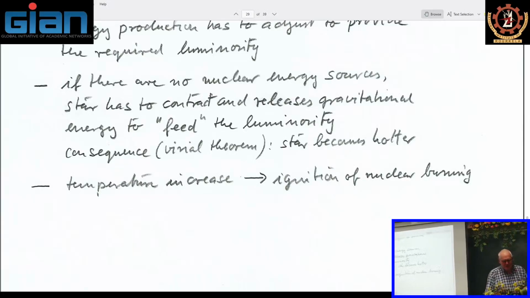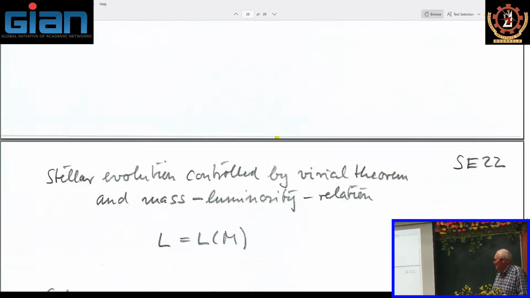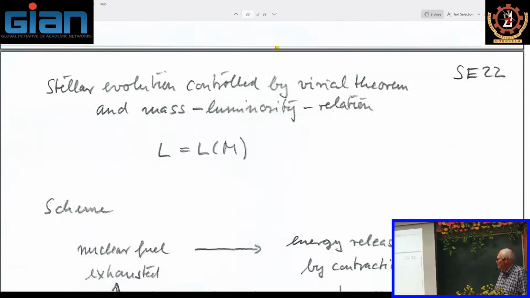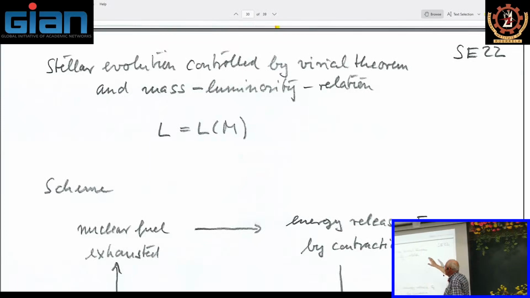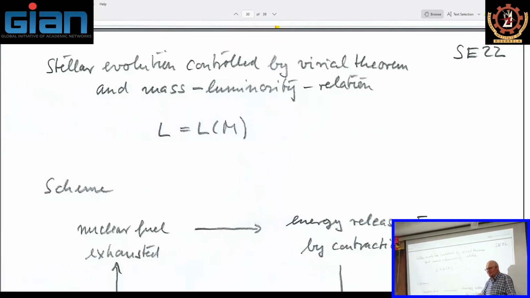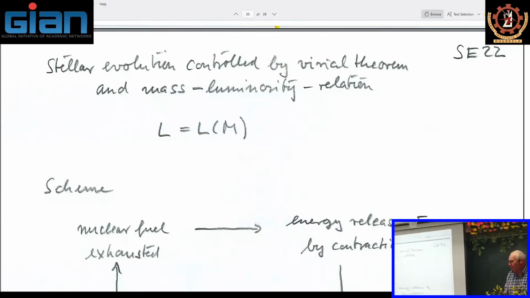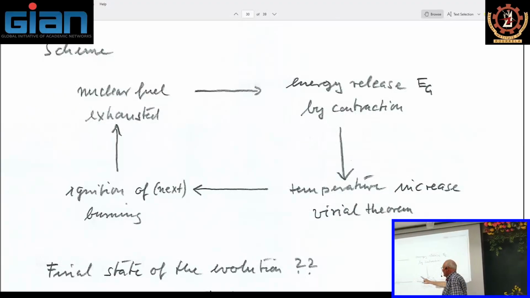Okay. So we have the situation of how stellar evolution will proceed. There are two main ingredients: the virial theorem and the mass-luminosity relation. So stellar evolution, according to what we have seen now, proceeds in the following scheme. Let's start here at the left upper corner.